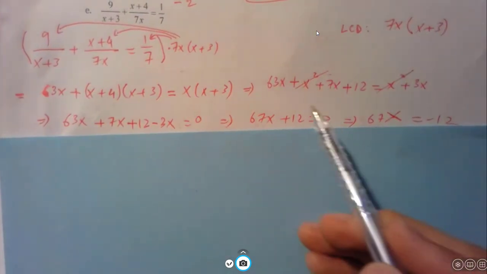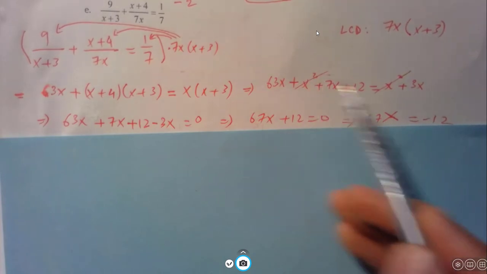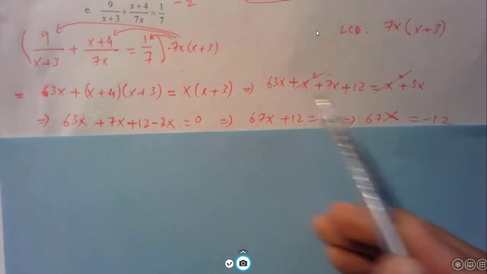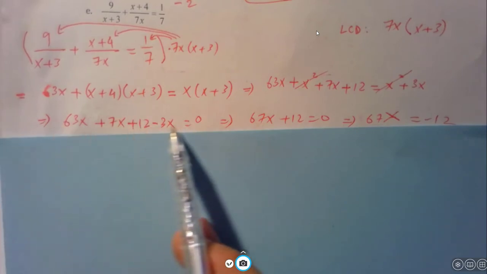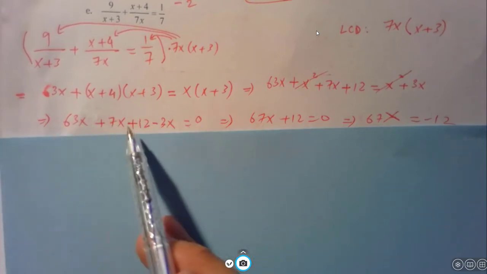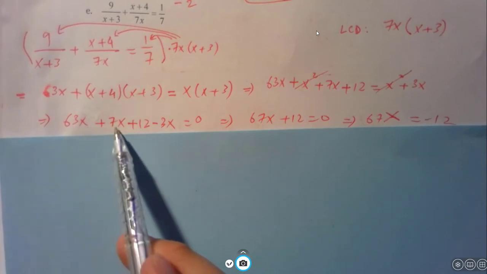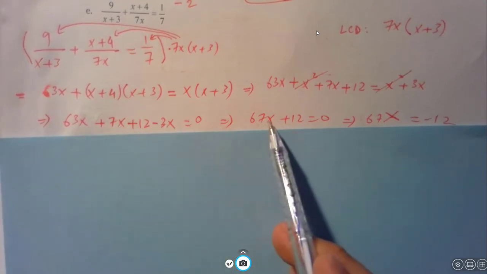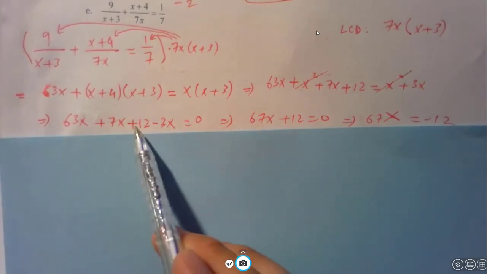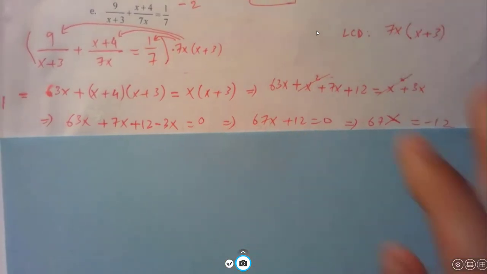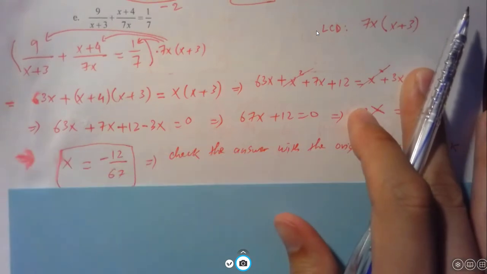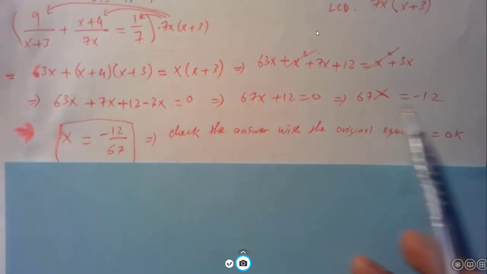Now you can subtract x squared on both sides. You have this new equation. And now combine the like terms: 63x plus 7x minus 3x gives me 67x, and then plus 12 equals 0. To solve for x, subtract 12 on both sides, and then divide by 67 on both sides.